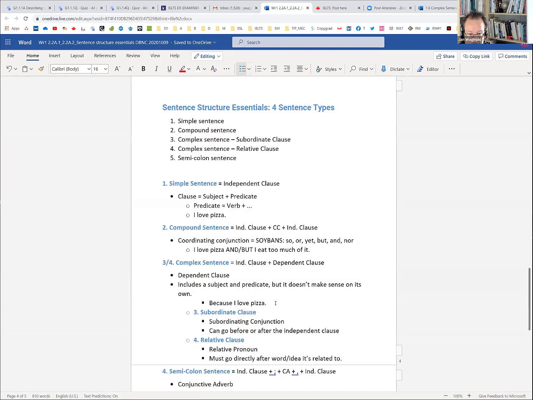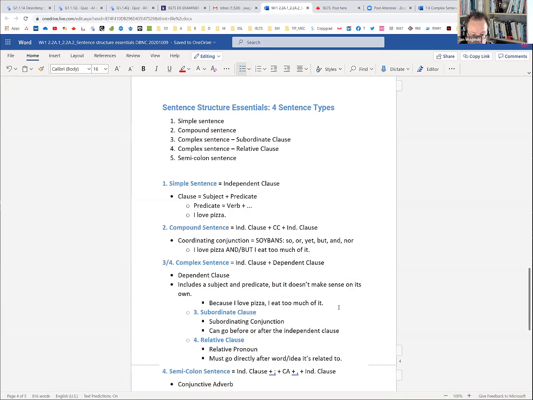So we could do, because I love pizza, I eat too much of it. I eat too much of it is our independent clause. That can be a sentence by itself. Because I love pizza is a dependent clause. It's a subordinate clause. Okay.